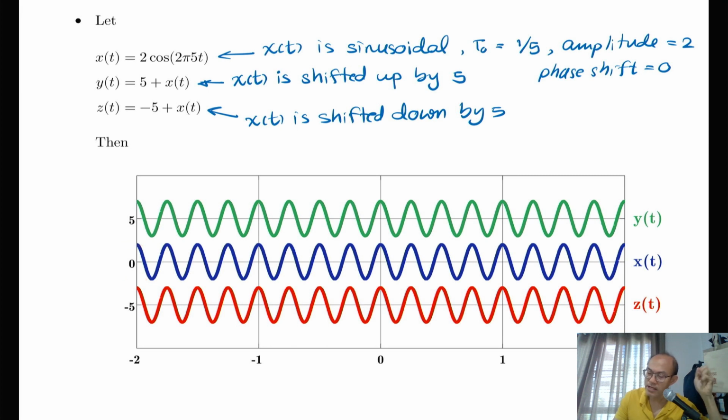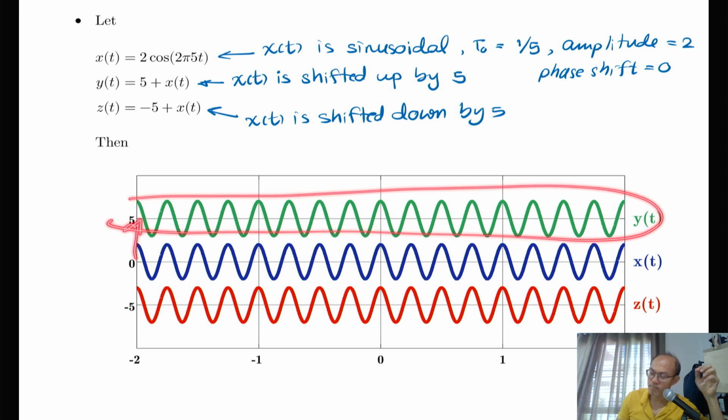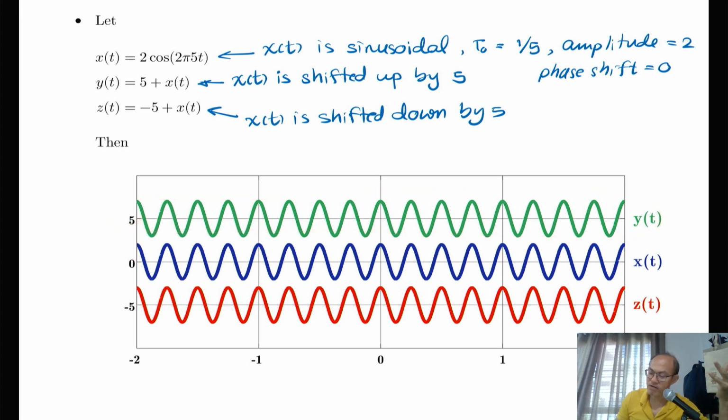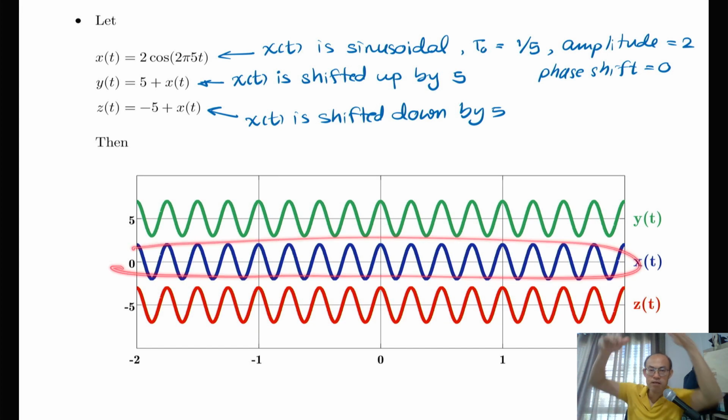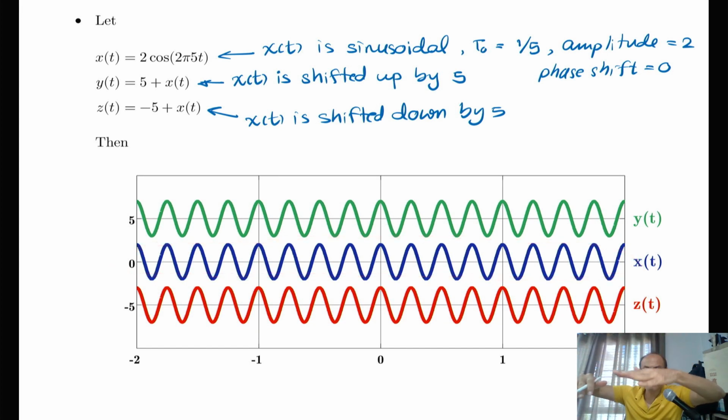And y is x shifted up by 5, so the graph of y is the green one, the blue graph shifted up by 5. And the red graph is the graph of z, which is x shifted down by 5. So we shift the whole thing, push it down by 5 units to get the z.